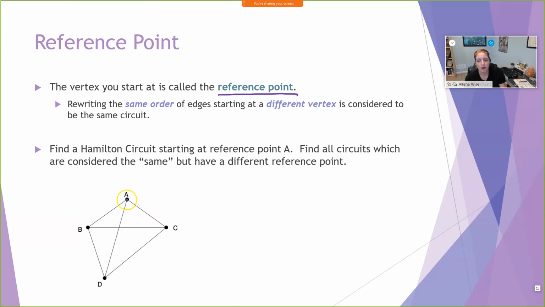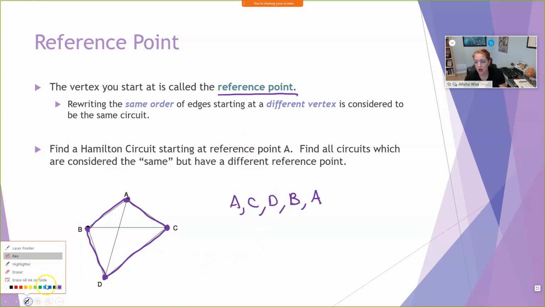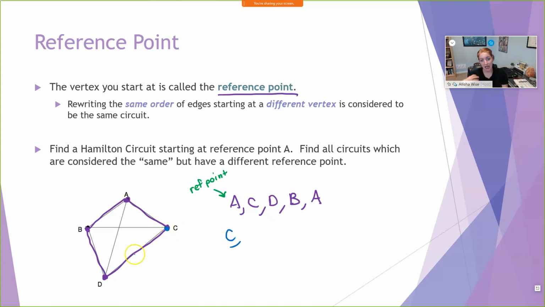So for example, if I had the Hamilton circuit that we had before, nothing too exciting here, A, C, D, B, A, cool. Well, right now the reference point is A, right? What if we switched that and we looked at when the reference point was C? Let's change it to C. We're going to go in the same order and the same direction.